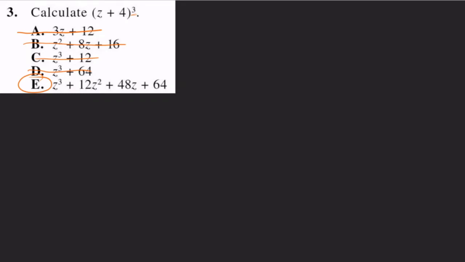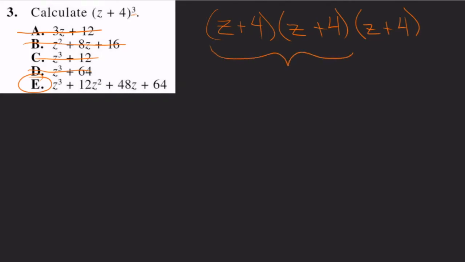So I'm going to have z plus 4 cubed, which is really z plus 4 times z plus 4 times z plus 4. That's what z plus 4 quantity cubed is. Okay, so what I'm going to do first is take these two factors and multiply them together.